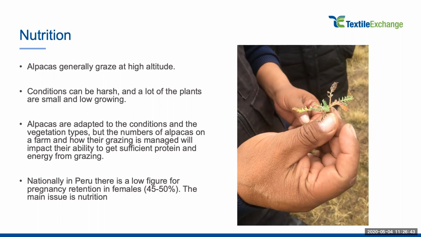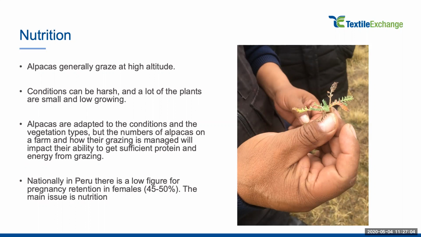This was a farmer showing me a particular plant type that he was trying to promote for his alpacas. If you're used to seeing sheep or goats in much more lush pastures, this is quite a different type of vegetation.